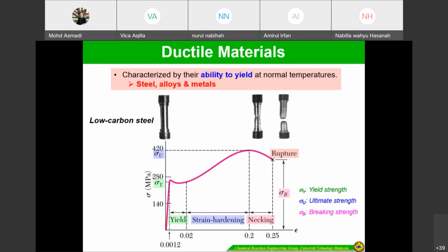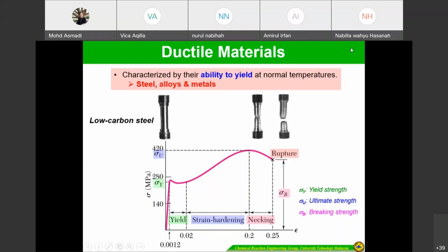If you look at here, this is for the ductile materials. It is characterized by their ability to yield at normal temperature, for example steel, alloys, and metal.